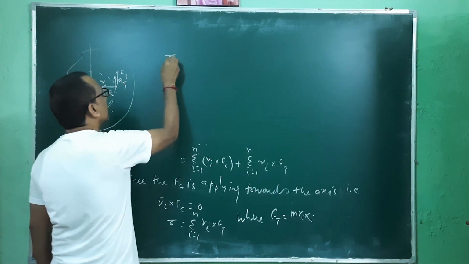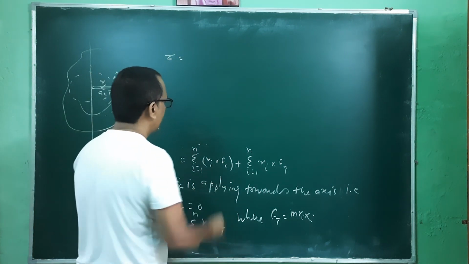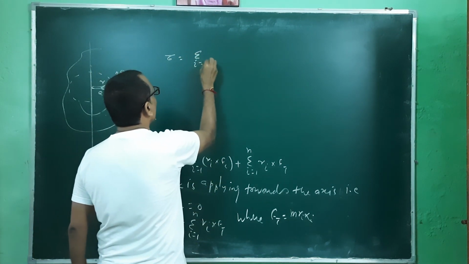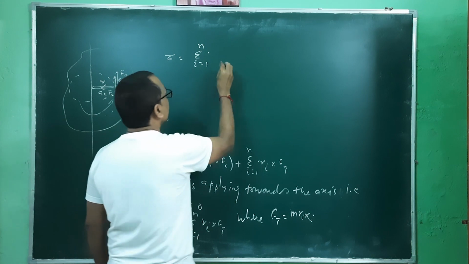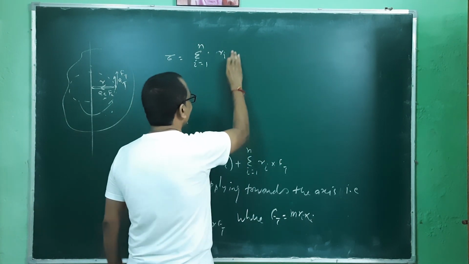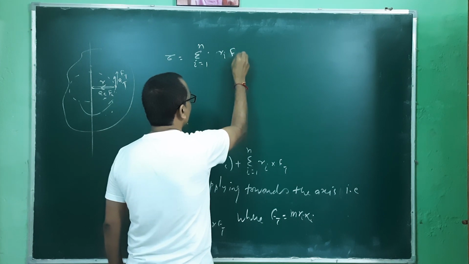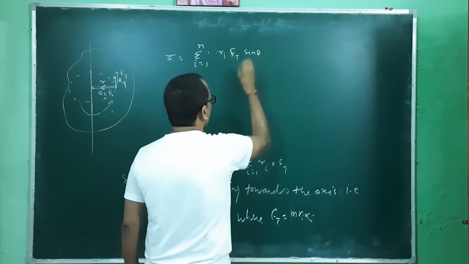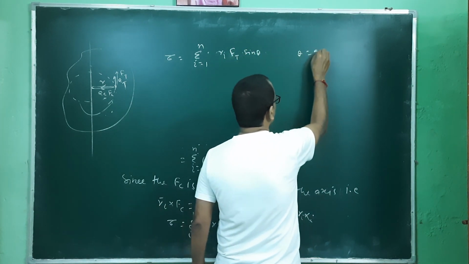So tau is the summation of Ri Ft sin theta, and theta is 90 degrees.